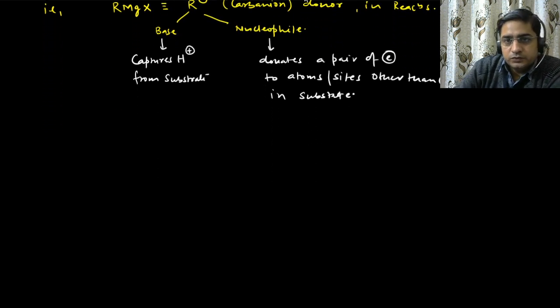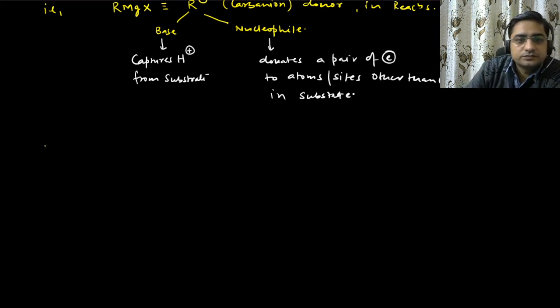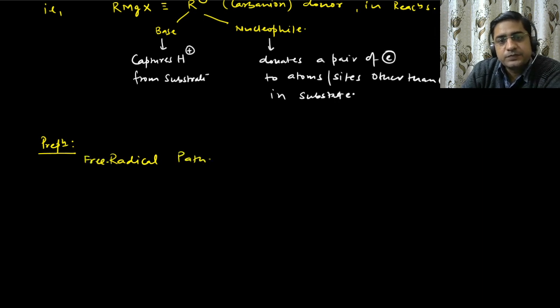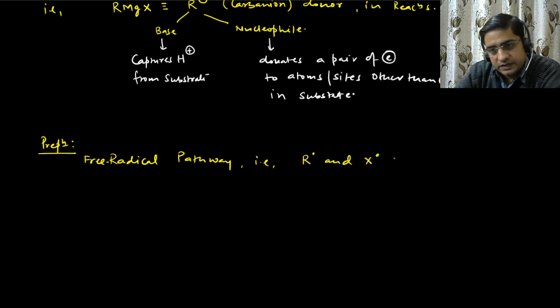Now moving on to the preparation part. A free radical pathway is proposed, that is, alkyl radical and halide free radicals are formed.